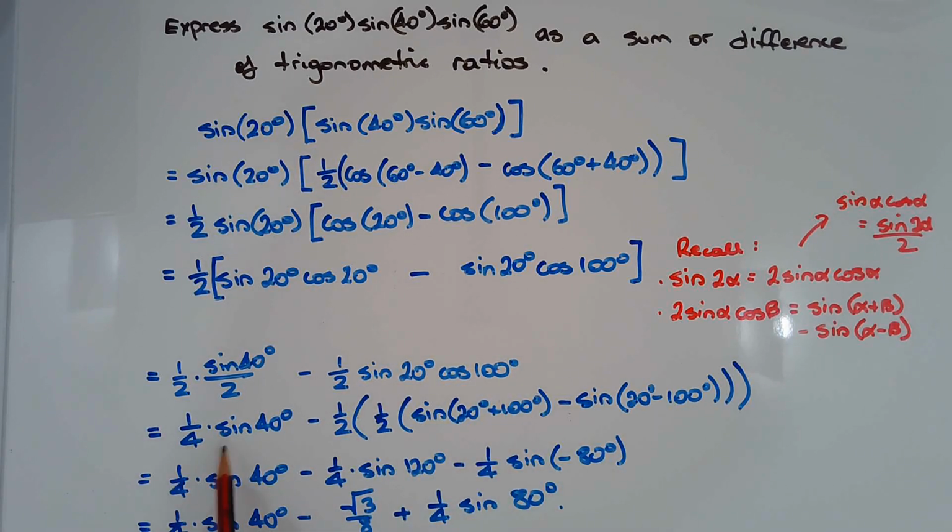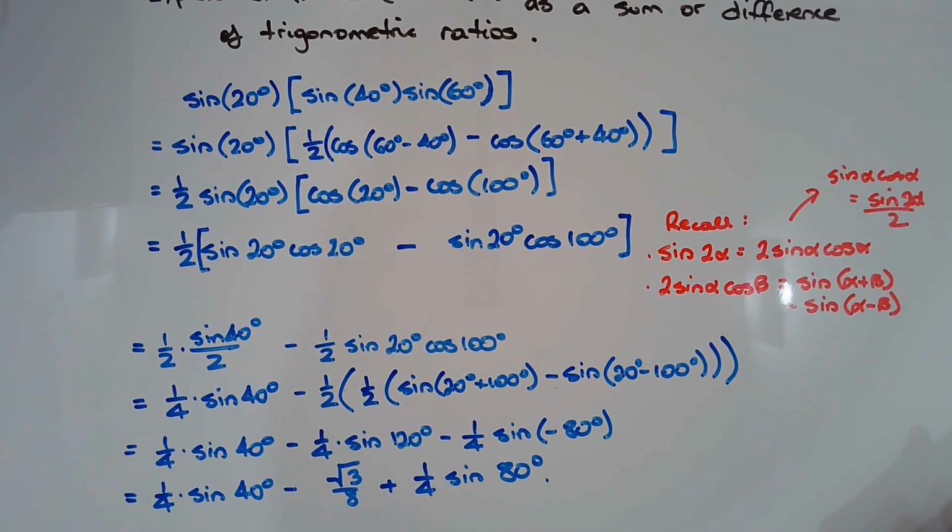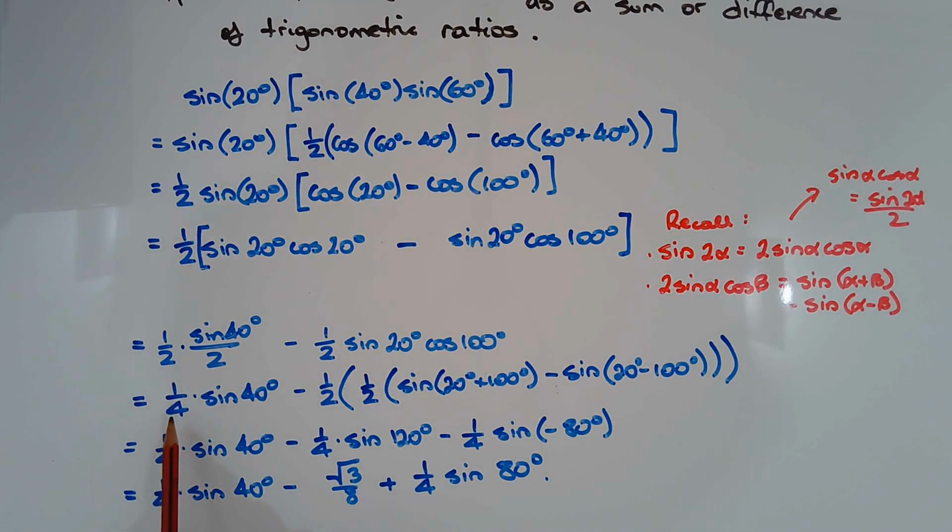Now this line here, I'll just move the board up just a touch. We have 1/4 times sine of 40, so half times 2 is 4 there. So 1/4 sine of 40 minus half outside of, and this is where we just have to be mindful of the use of brackets and keeping the algebra neat and tidy.